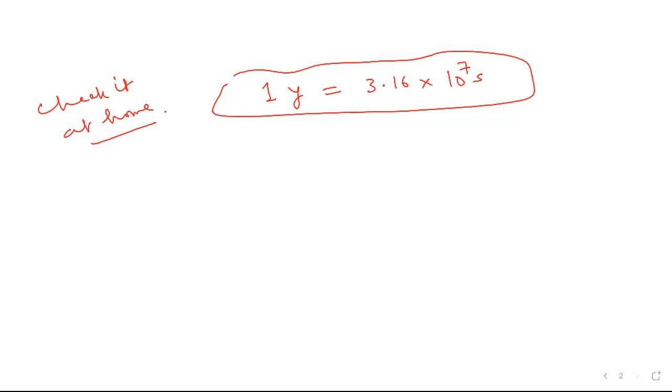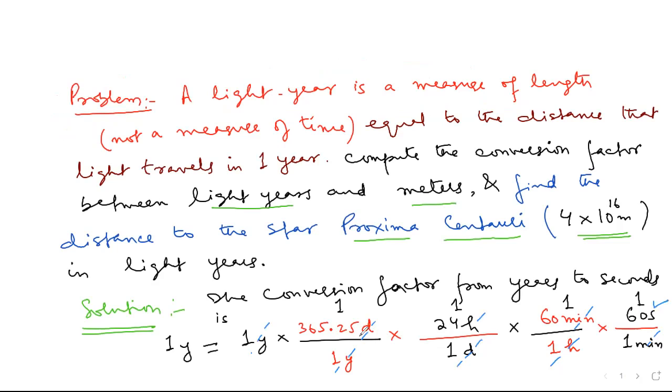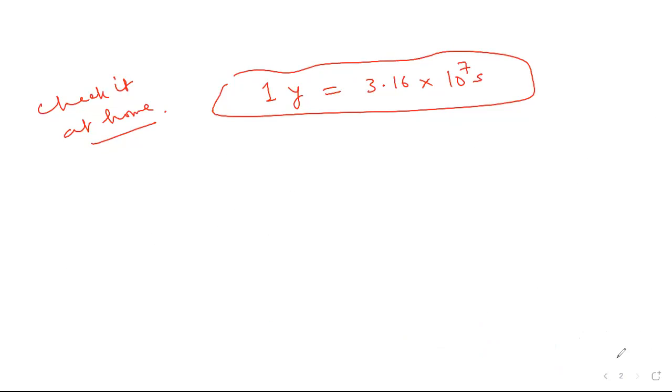You have to simply make the calculation, multiply all the numbers on the right hand side of this equation, and you get this number. So the first step, we have calculated the conversion factor from year to second. So 1 year is 3.16 into 10 raised to the power 7 seconds, right?